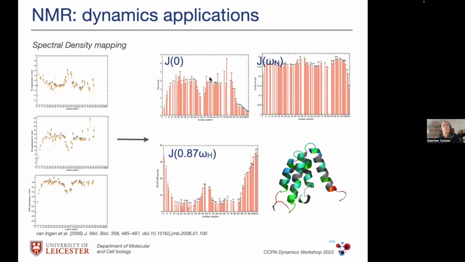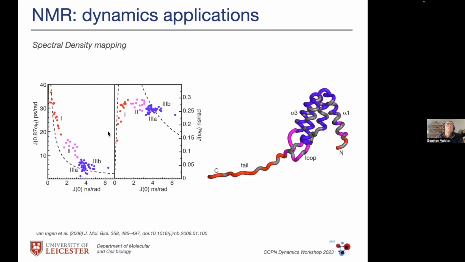So here are the 3 input rates, here are the 3 output values, and then we can analyze where they are. As it turns out, there are a few plots that are quite useful. For example, the J0 versus the J omega H plot, which is over here. For Hugo's protein, he could identify 3 quite distinct regions, indicated here in the color coding, that show you that those residues behave quite differently.